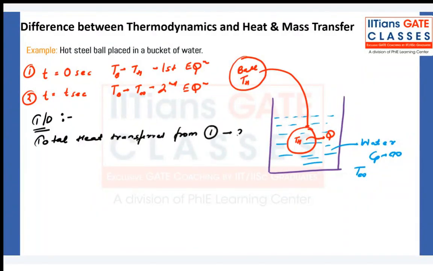When this ball has come from the initial temperature TH to the final temperature T infinity, what is the total heat transferred from the ball to the water? Thermodynamics will tell you this. What else will it tell you? It will tell you the final temperature as well: what will be the final equilibrium temperature attained by the ball?